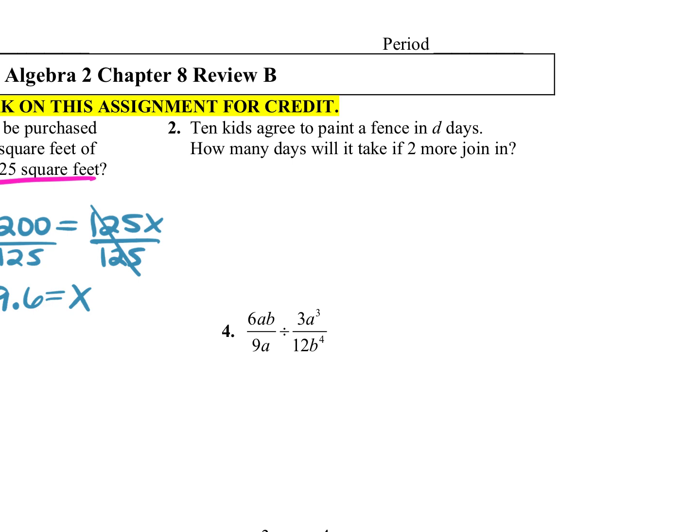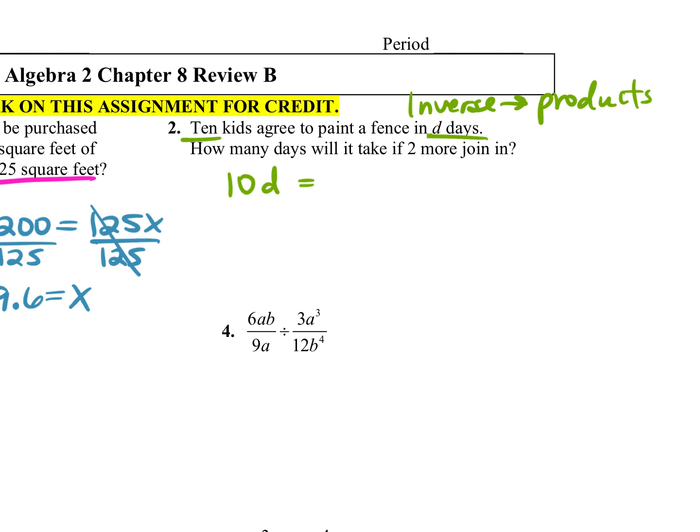How do you set up inverse variation? You do products for that. So we're going to multiply the parts instead of setting up proportions. So 10 kids will do it in D days. So 10 times D.